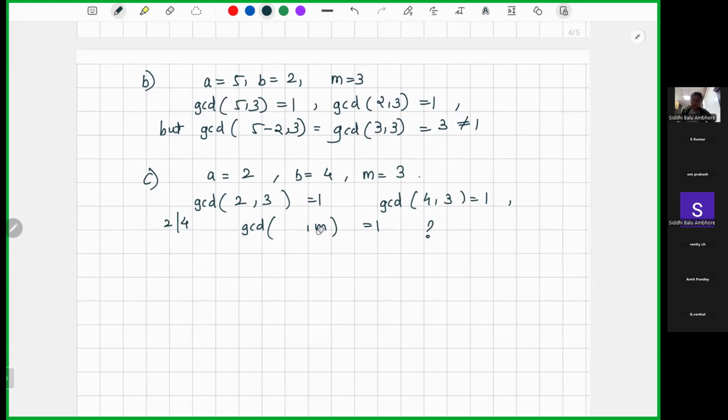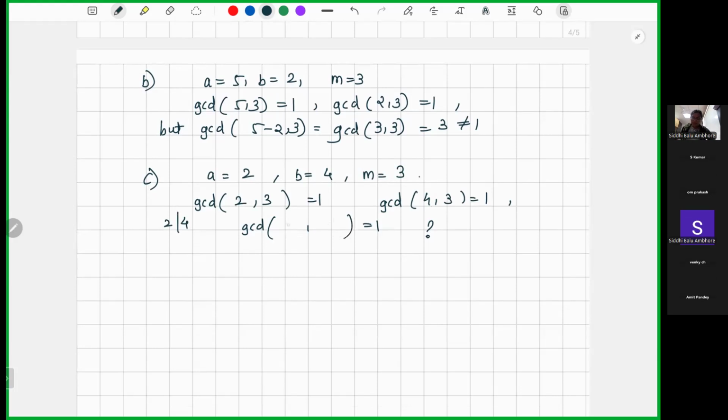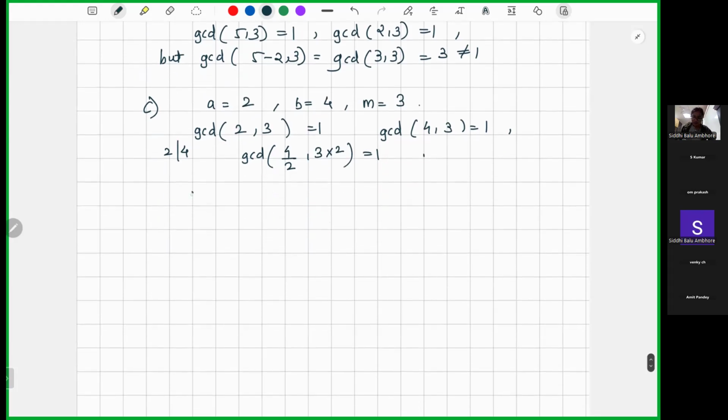So this is B by A, which is 4 by 2, and here M is 3 and A is 2. Therefore GCD of 2 comma 6 is 2, which is not equal to 1. So therefore this does not hold.